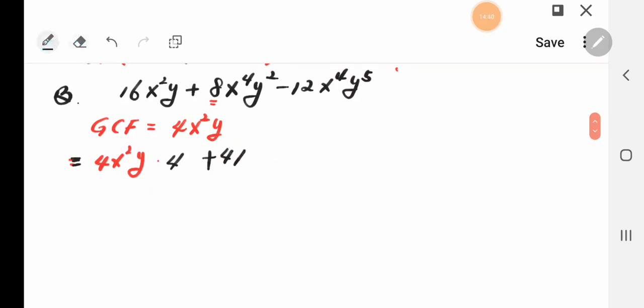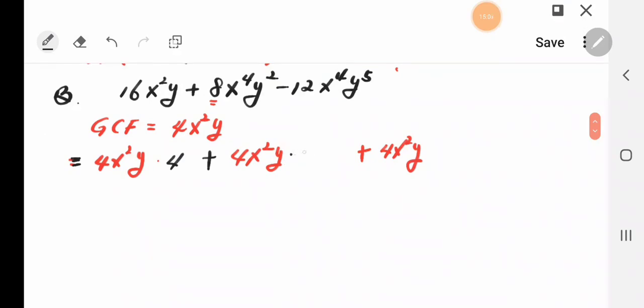Okay, let me write 4x squared y, the greatest common factor, in red, even on the right side. Okay, so plus 4x squared y. Then from the second term, 4x squared y is separated from the second term.